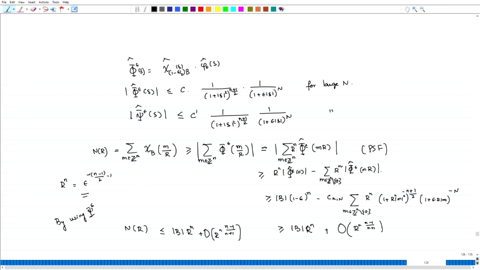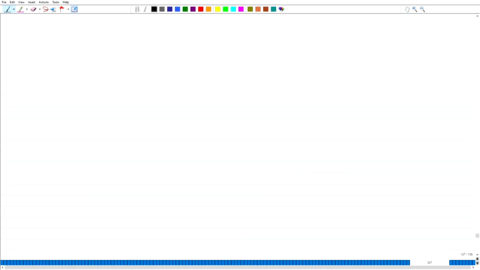Okay. So, that is one nice application of the Poisson summation formula, and we will see another application of the Poisson summation formula here. Okay. So, this is again about counting lattice points.